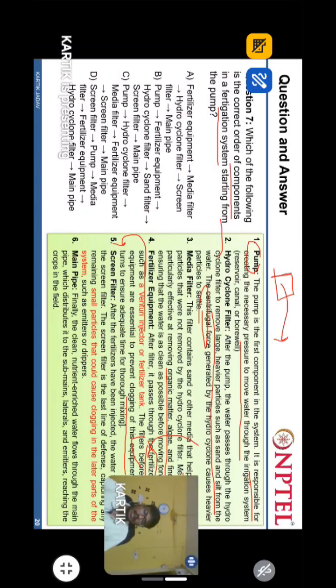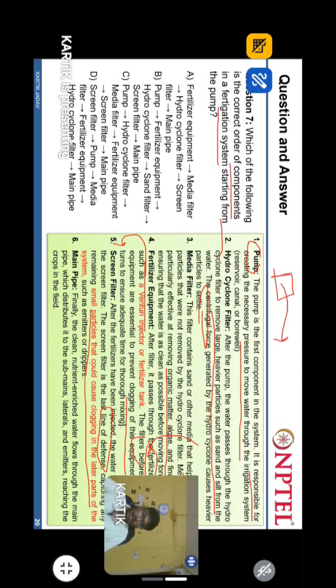And the screen filter is the last line of defense, right? It captures any remaining small particles that would cause clogging in the later parts of the system. As we are injecting fertilizer that may form precipitate based on the chemical properties of the fertilizer as well as the incoming water quality, that will also be dealt with by the screen filter.